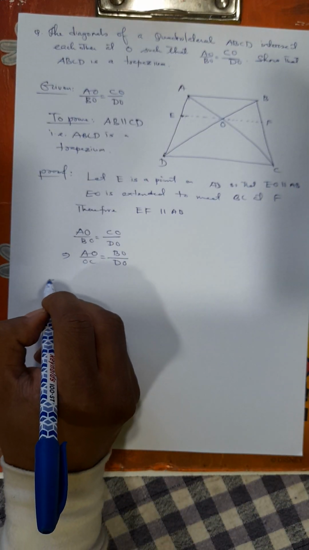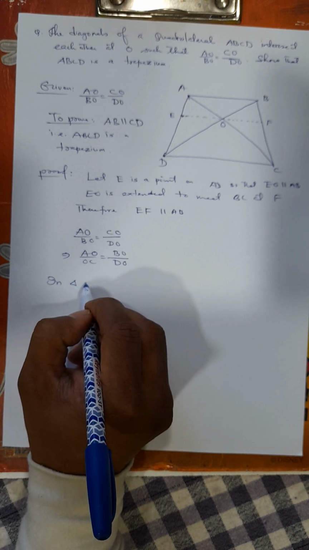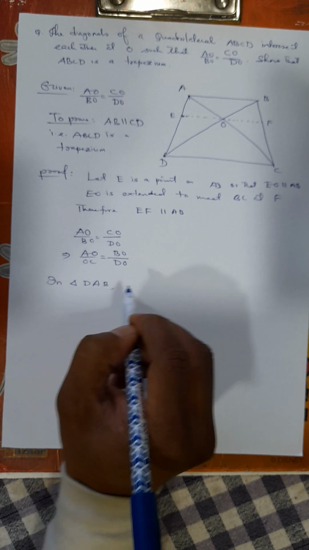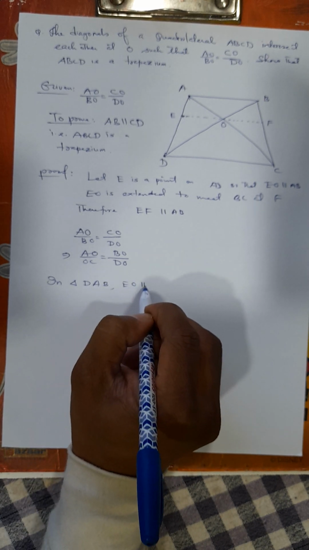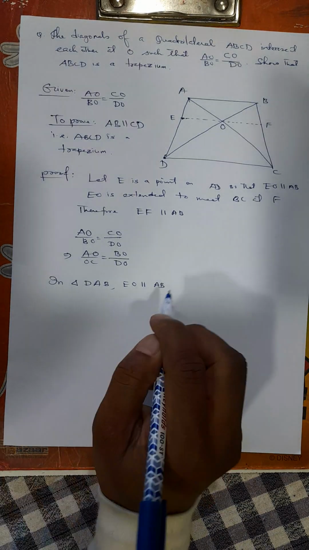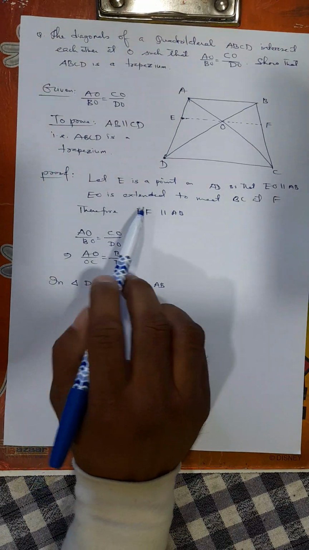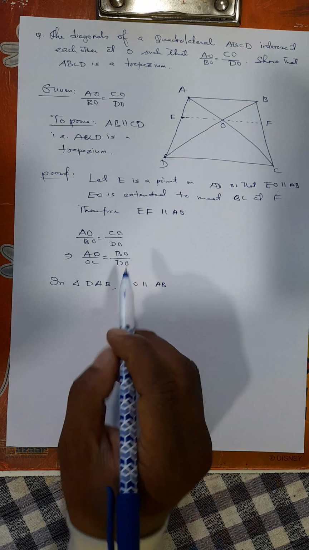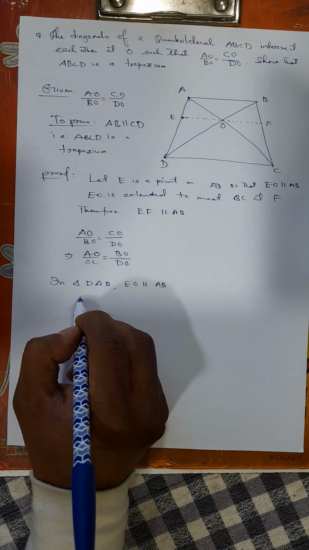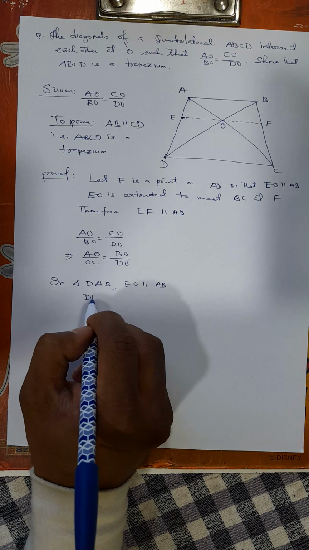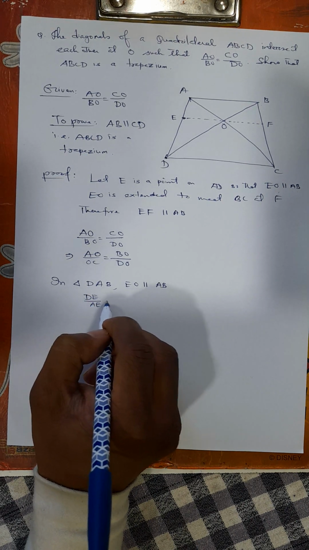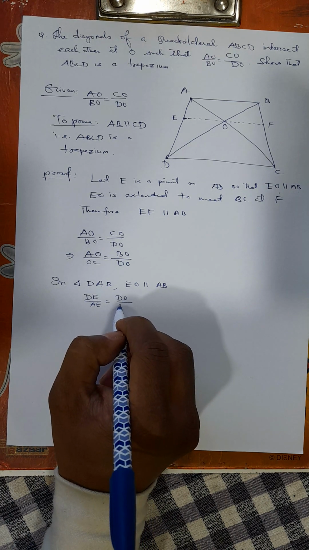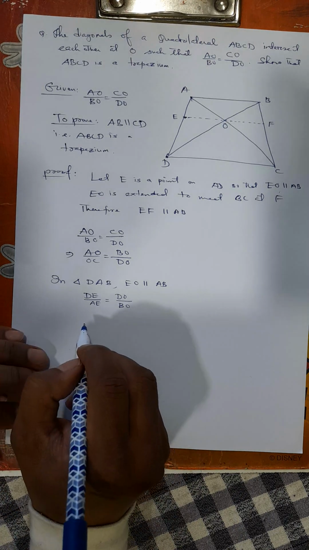Now, in triangle DAB, you find that EO is parallel to AB. This is by construction, right? EF parallel to AB means EO is parallel to AB. So by the proportionality theorem, you can write DE by AE equals DO by BO, right?